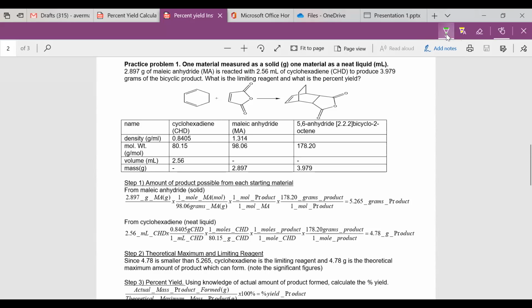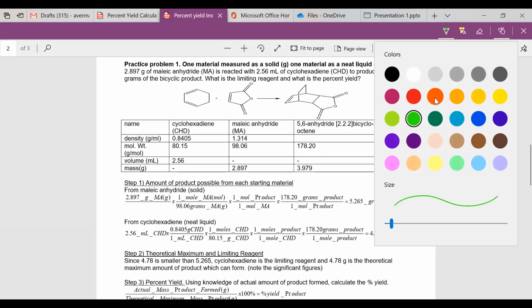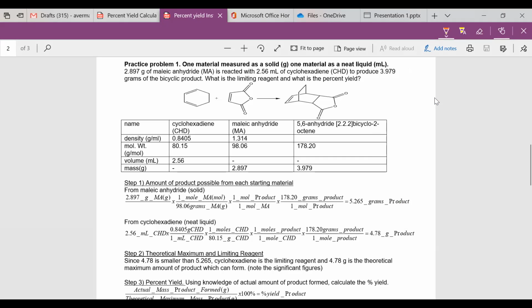Don't do that. You will need to write each number, each number's unit, and each number's identifier. So what is the identifier?